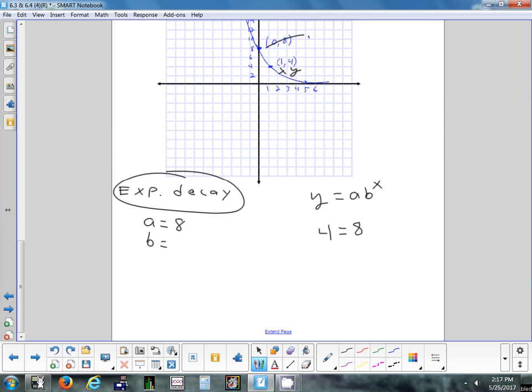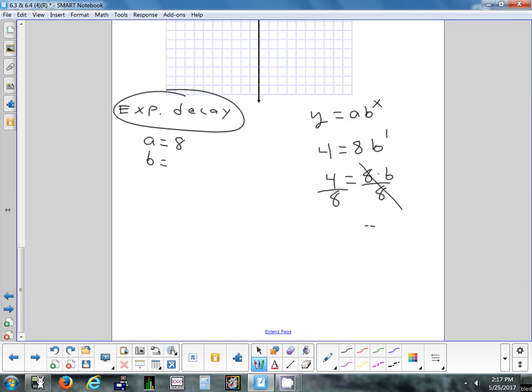So we're going to plug that in right there. Okay, what's B to the first power? B. And now how do we get B by itself? Divide by 8. Divide by 8. So what do we get for B? 1/2. So we got B.